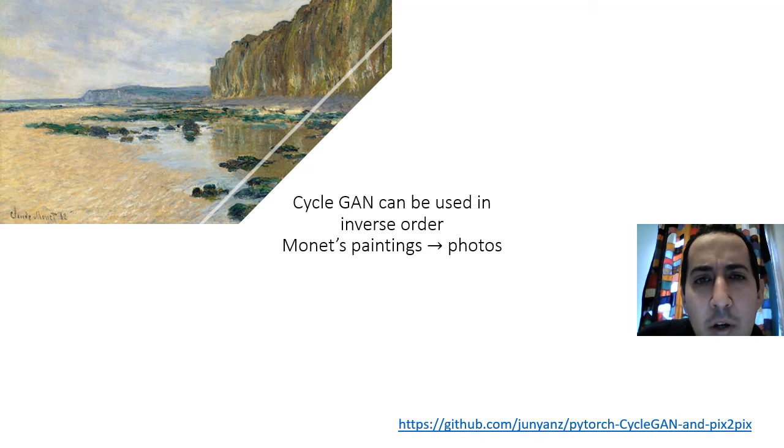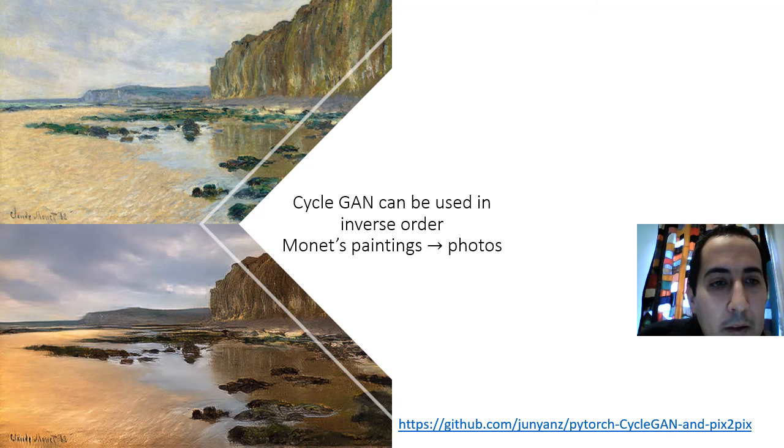As mentioned earlier, style transfer is just one application of CycleGANs. CycleGANs can be used for many other purposes. An interesting one shown here is from paintings to photos. Since it is a cycle concept, instead of going from photos to paintings, you can also go from paintings to photos.